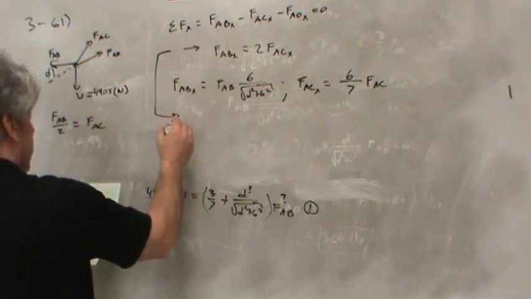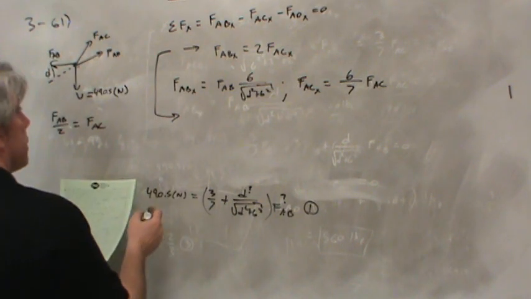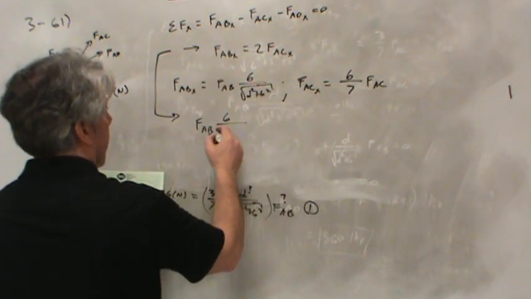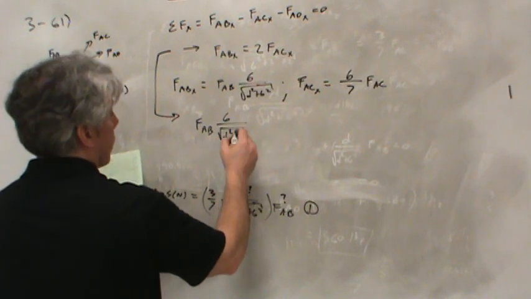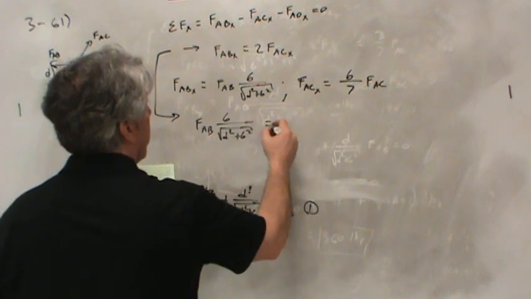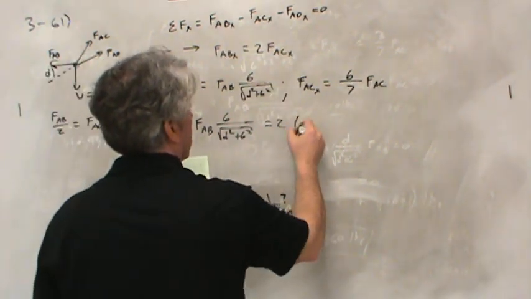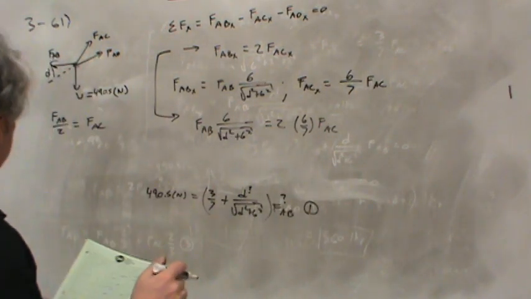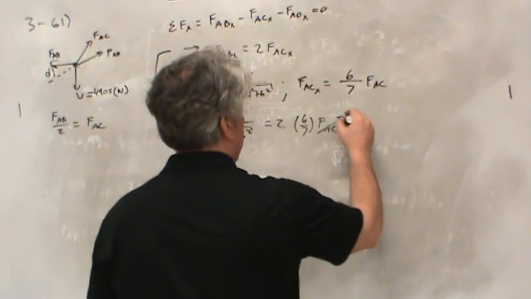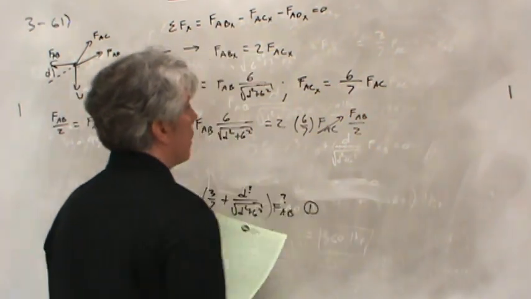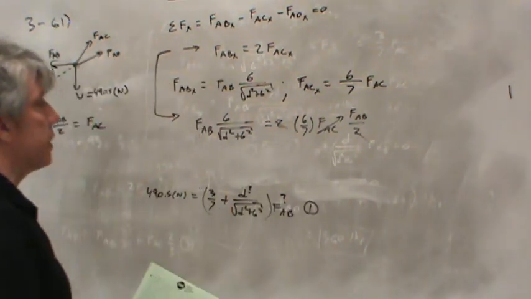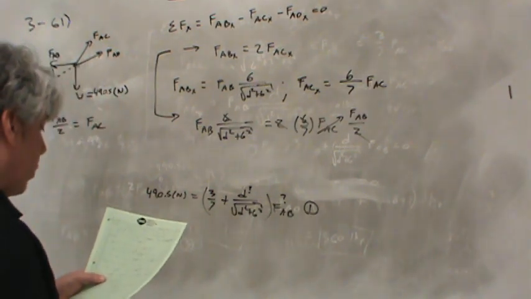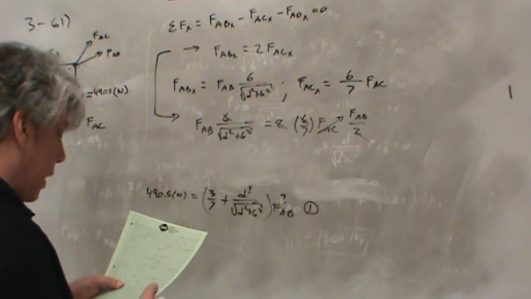And so now we can take our sum of force equation and say FABX, which is FAB times 6 over root D squared plus 6 squared, equals 2 times 6/7 FAC. But again, we know that FAC is half FAB. So look what happens. Those twos cancel nicely. The 6's cancel nicely. And we have another equation that relates FAB and D.